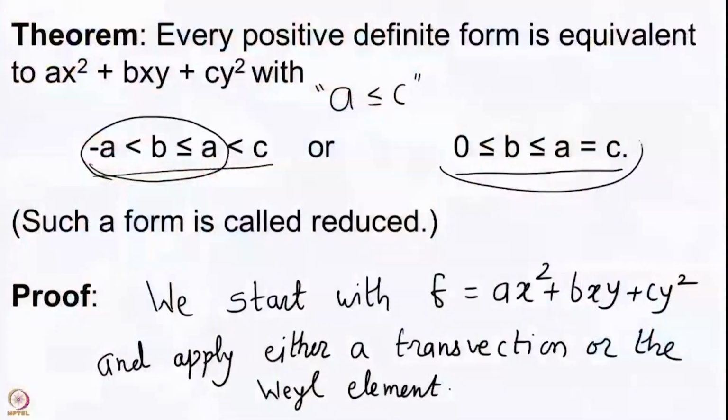Further, if your A and C are the same and B takes negative value, then apply the Weyl element for one final time.